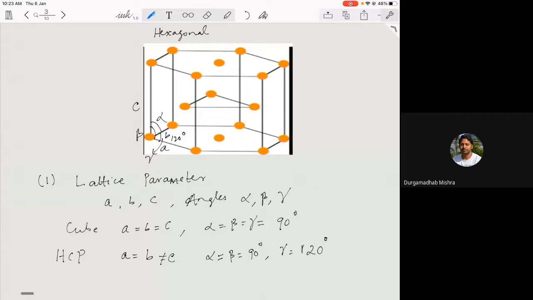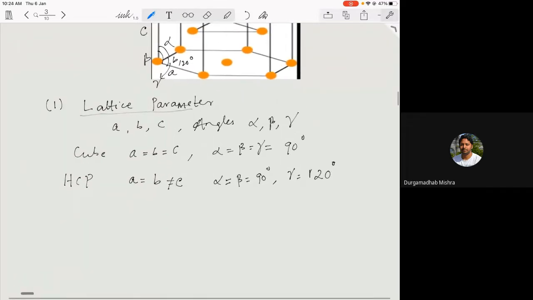Similarly for other lattices, these parameters will be different. A, B, C can be different and the angles can be different. So this is one way you can distinguish between different lattices.